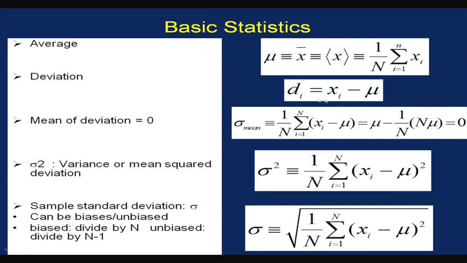Deviation is defined as difference between a particular value and the mean. So, we have two statistics as of now, average, which is the sum of n readings divided by n.